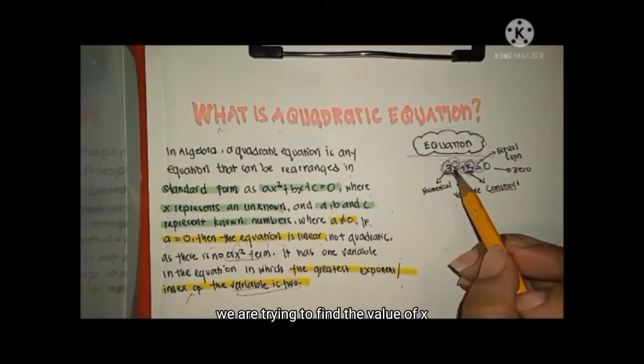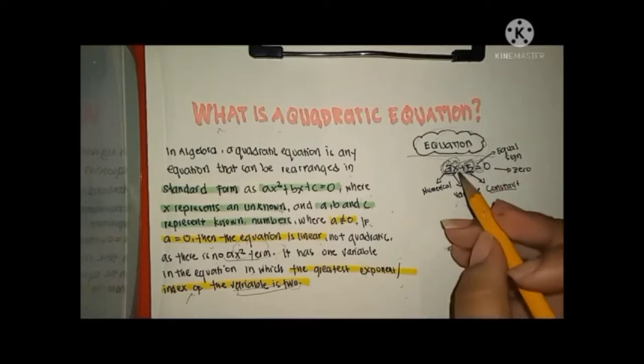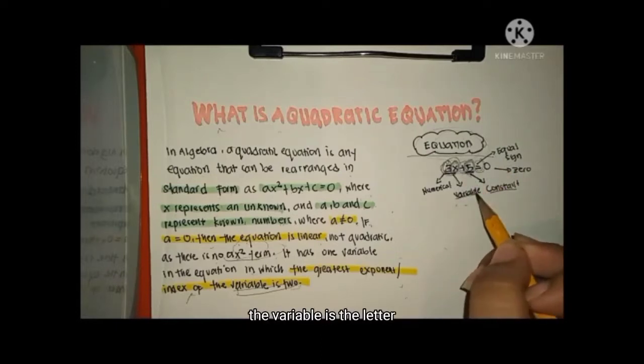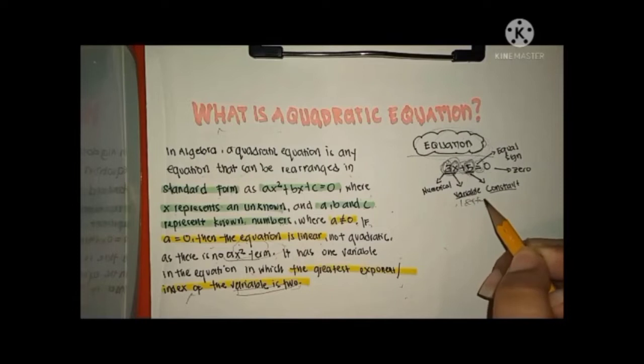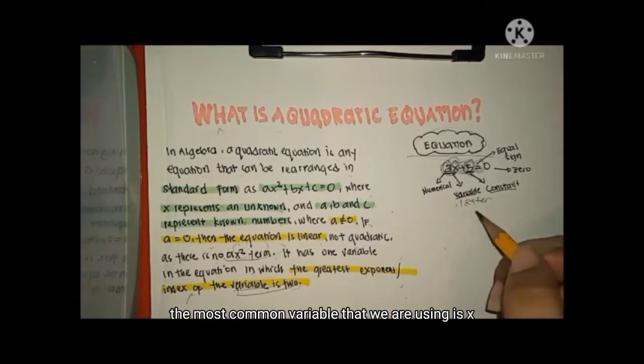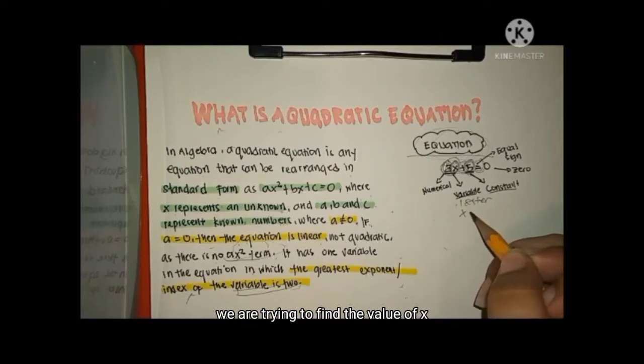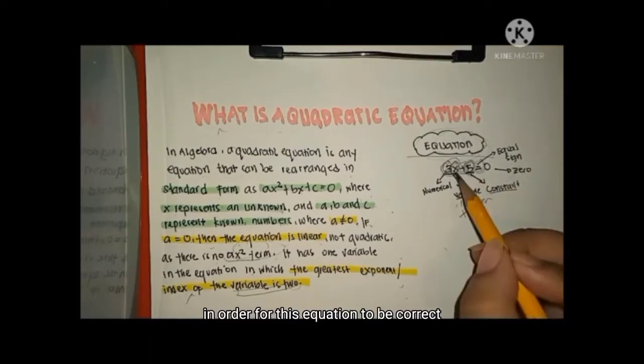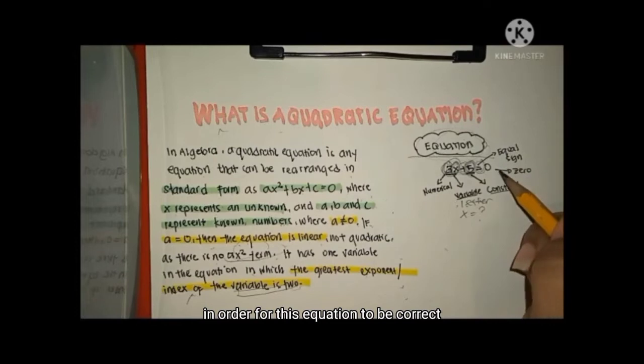We are trying to find the value of x, the variable. The variable is the letter. The most common variable that we are using is x. We're trying to find the value of x in order for this equation to be correct.